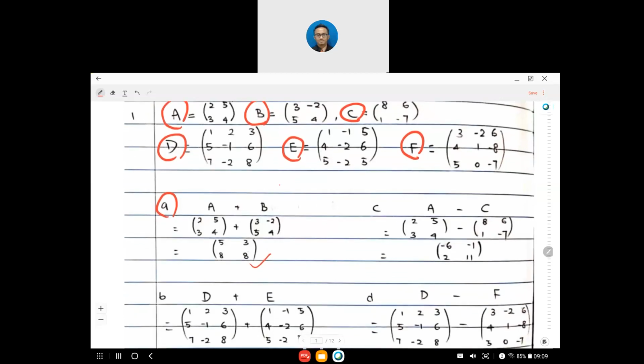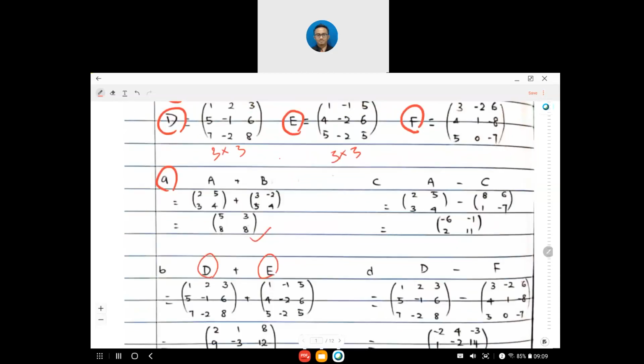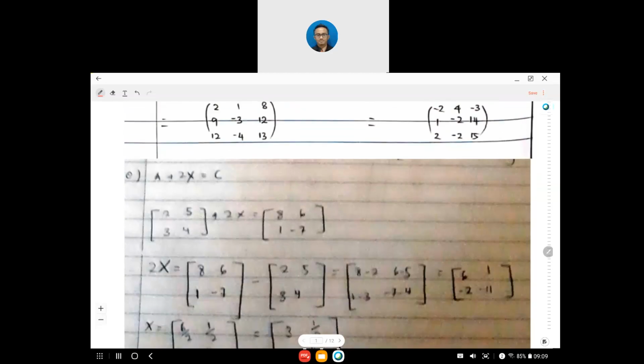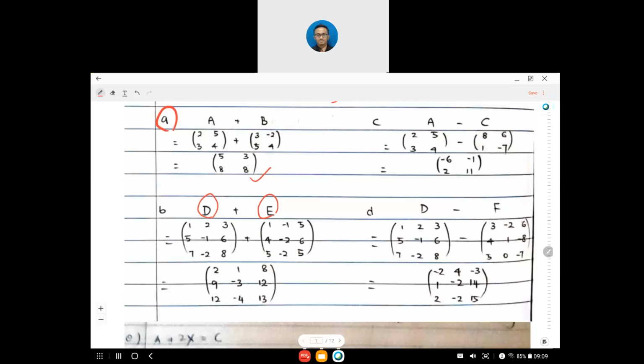And then for B, you want to find matrix D plus E. Your matrix D is 3 by 3 and matrix E is also 3 by 3. Since the sizes are equal, you can solve this problem.